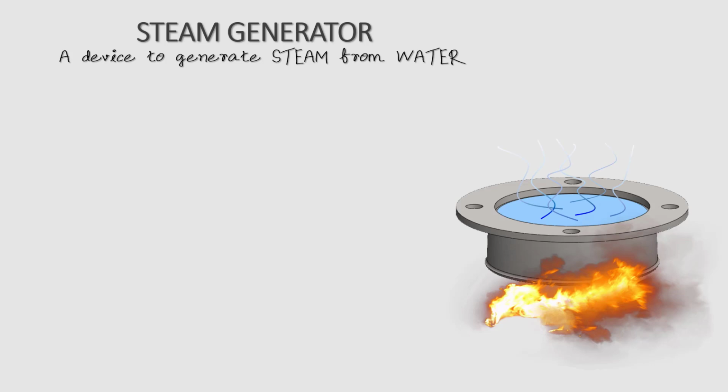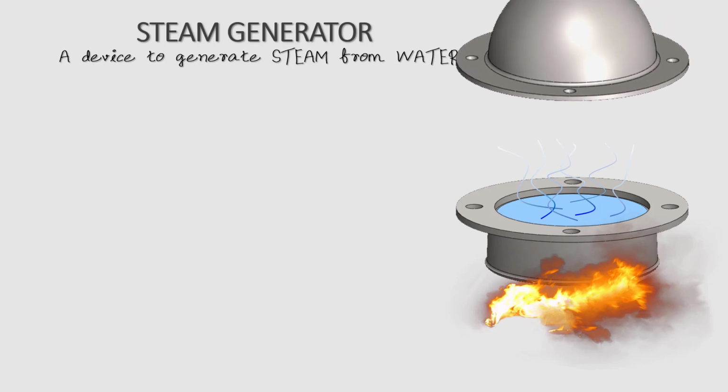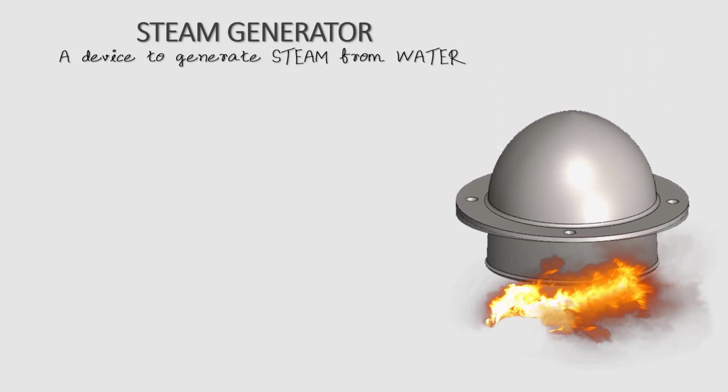Steam at atmospheric pressure cannot be used for many engineering applications. But if we entrap the steam inside a closed space, the pressure as well as temperature of the steam will increase. Suppose we entrap the steam within some enclosure.